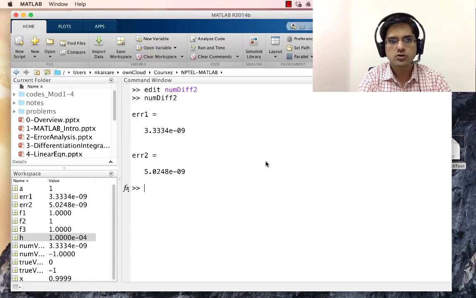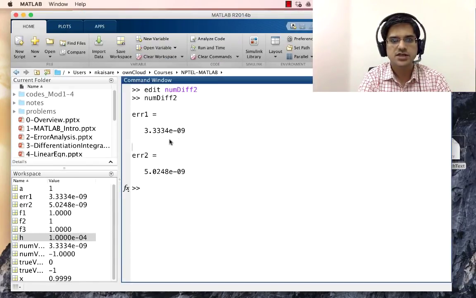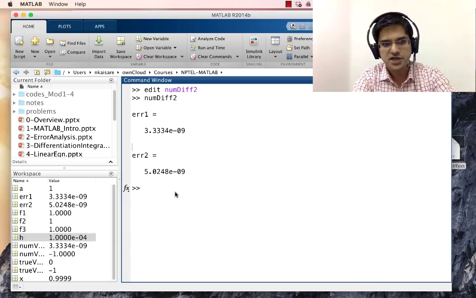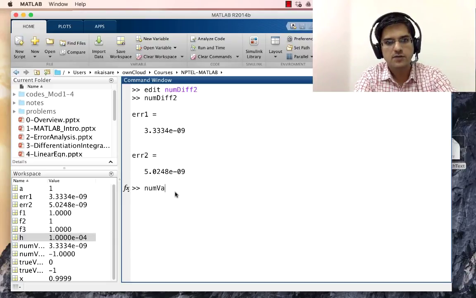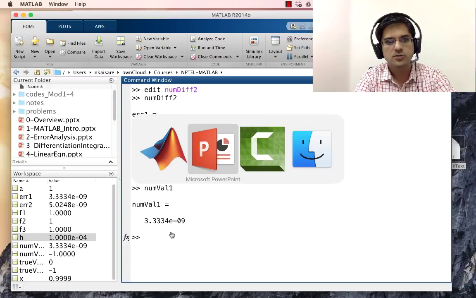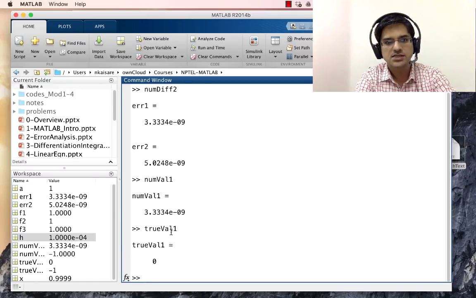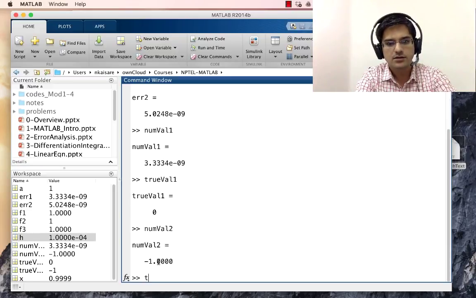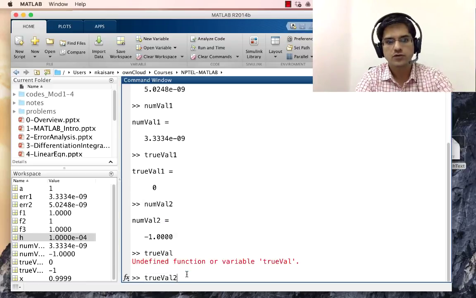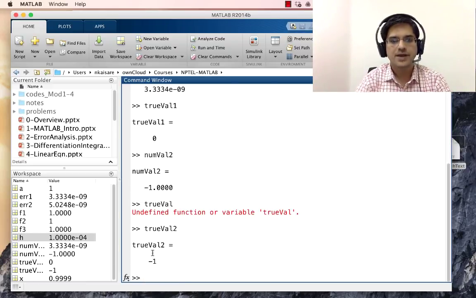Okay, so we will get ERR1 is 3 into 10 to the power minus 9, ERR2 is 5 into 10 to the power minus 9. If we check numval1, that is 3 into 10 to the power minus 9, when we expect Trueval1 as 0, numval2 is minus 1, we are expecting Trueval2 also to be equal to minus 1.